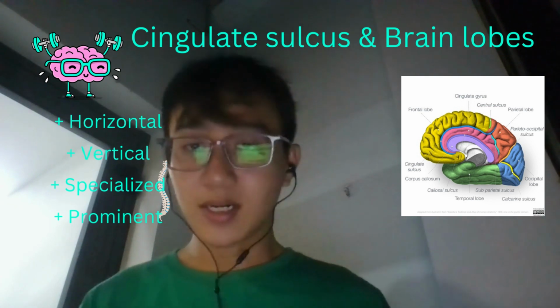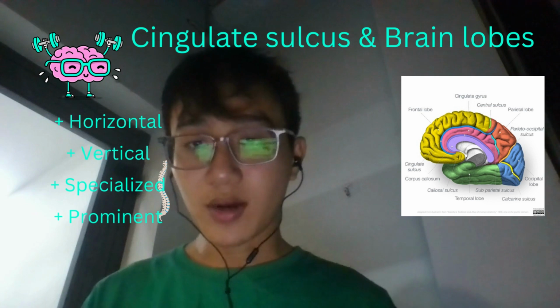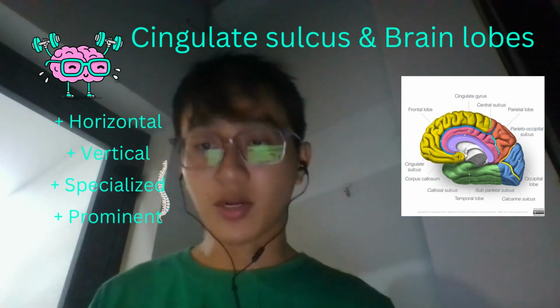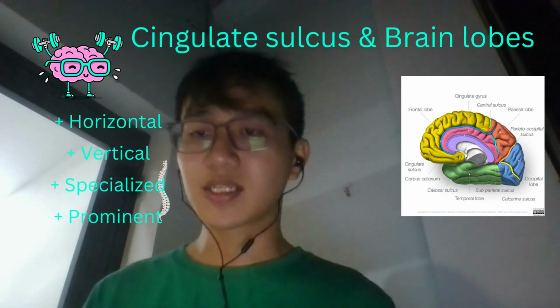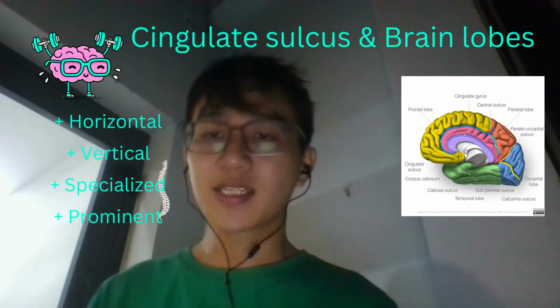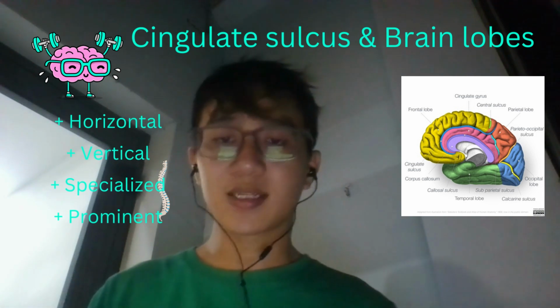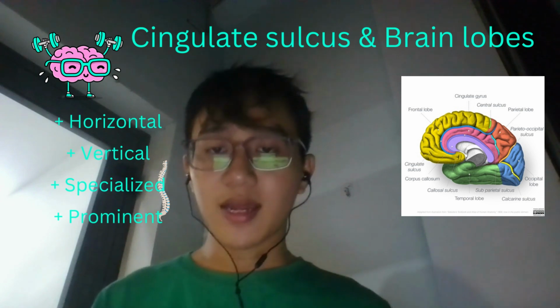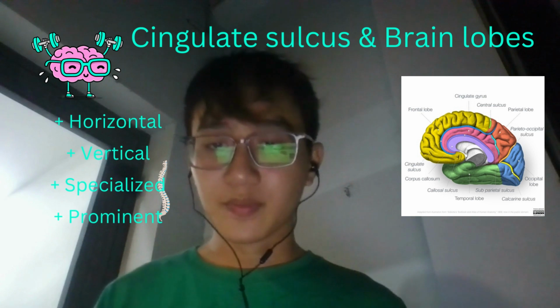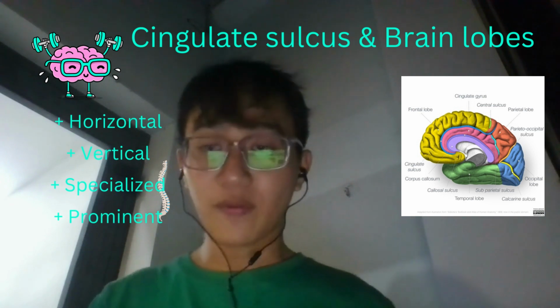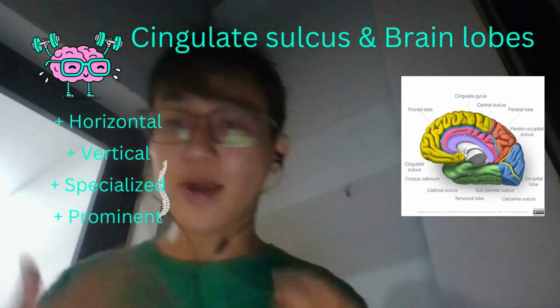Here we also know it as the cingulate cortex. Cingulate gyrus, also known as the cingulate cortex. It separates the cingulate cortex and limbic lobe from the frontal lobe and parietal lobe.